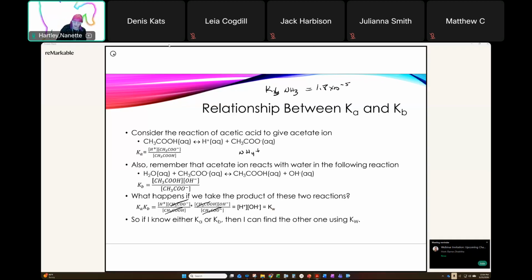And so what I could do is take 1 times 10 to the minus 14 divided by 1.8 times 10 to the minus 5th, and that will give me the Ka for NH4 plus. Okay, so that's exactly how that kind of thing can work. We can solve for the other value if we need to.